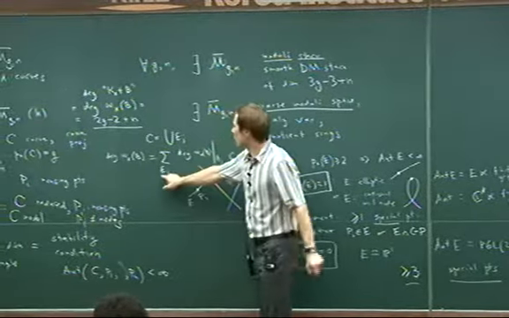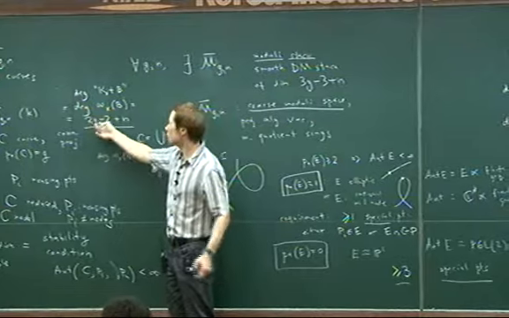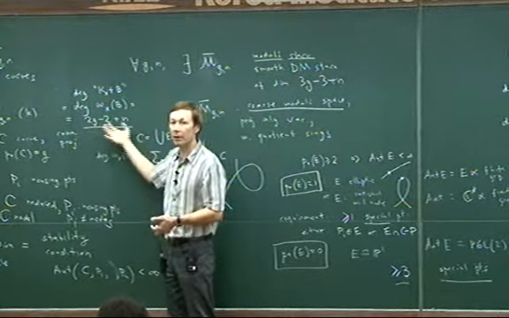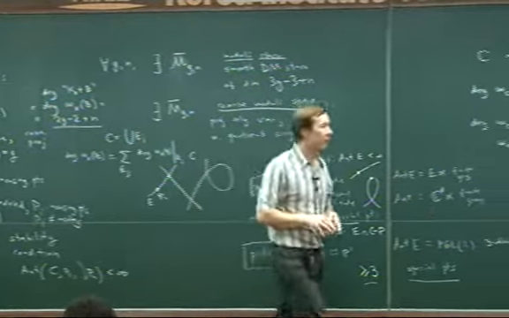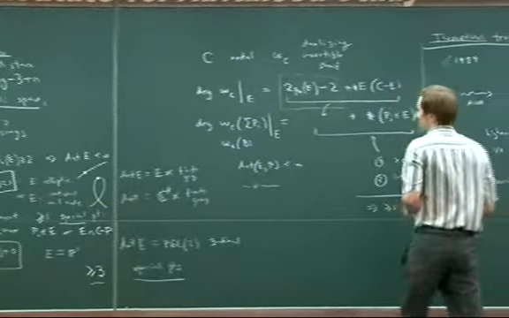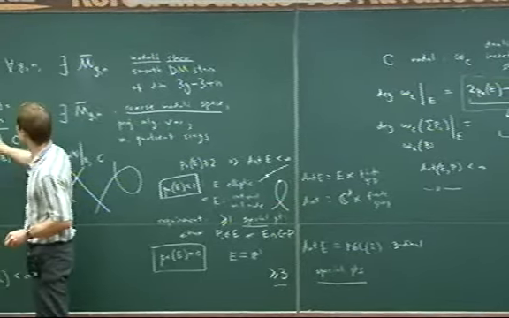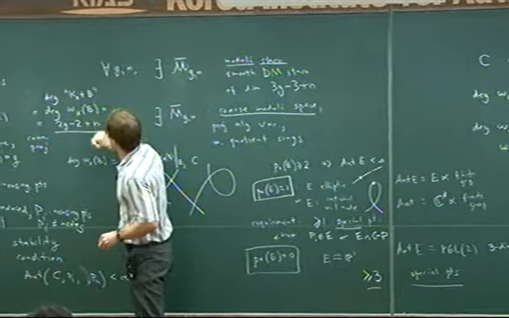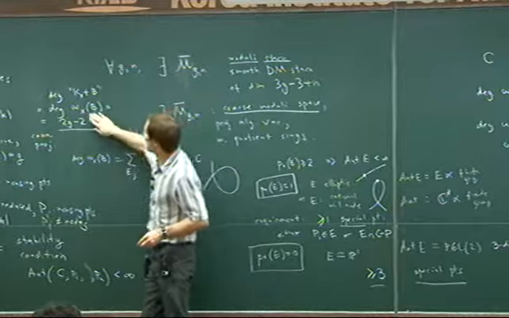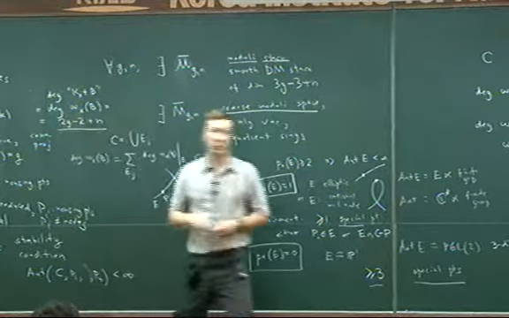Which means that the number of these Ej's is at most 2G minus 2 plus n. And so you have a very easy bound on the number of the irreducible components. And if you started with something without points, then 2G minus 2 would be your bound.